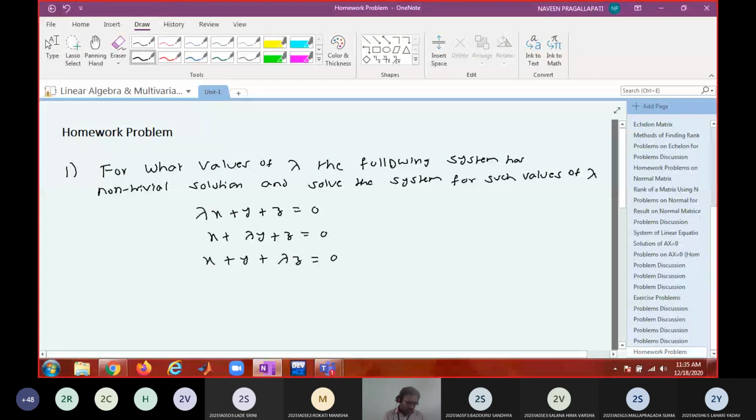So take this as homework, which is similar to the previous discussion. After obtaining the values of lambda, solve the system for each value of lambda. Is that okay?